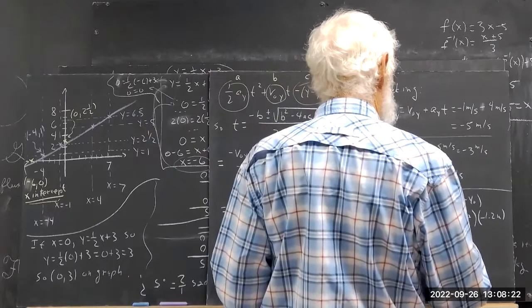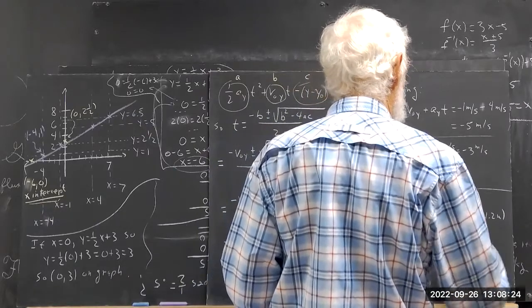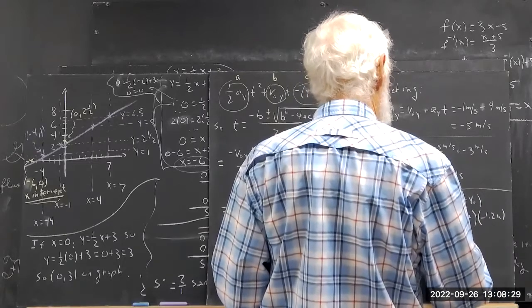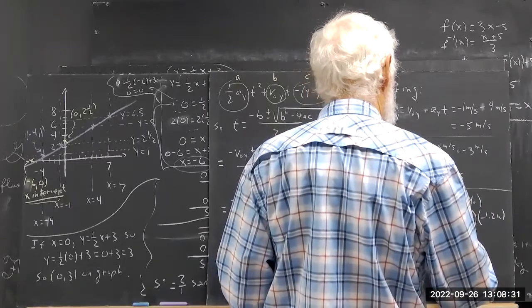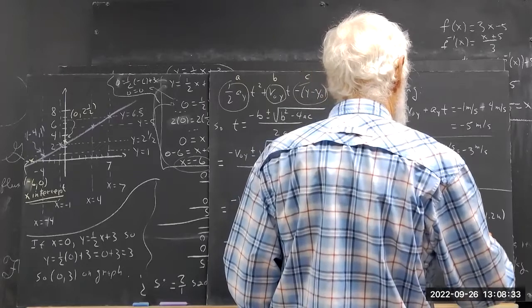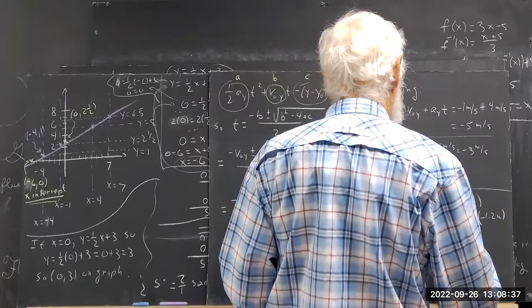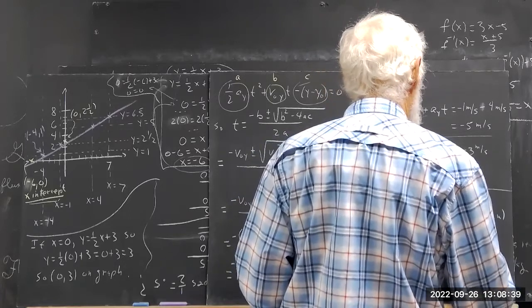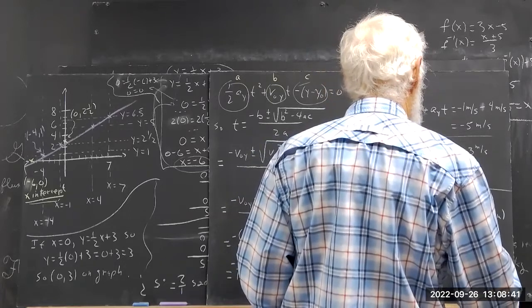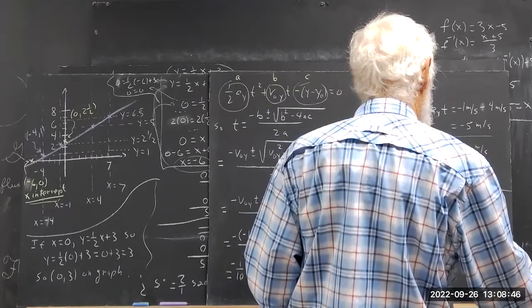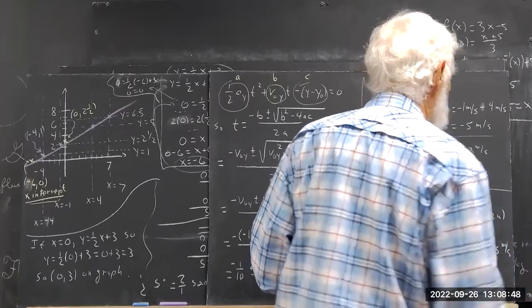So that's 1 meter per second squared and 24 meters per second squared. Meters squared per second squared. So vy is plus or minus the square root of 25 meters squared per second squared, which is plus or minus 5 meters per second.